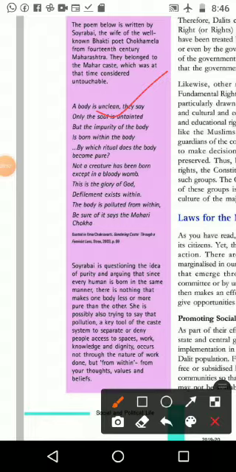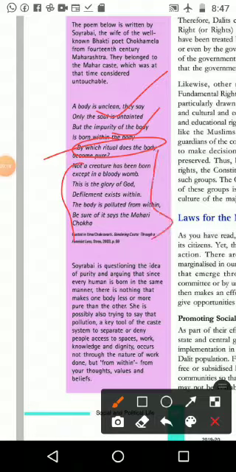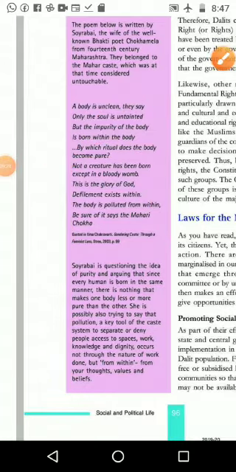But the impurity born within the body started when life started. And she asks, with the help of which rituals can my body become pure? She asks whether any child has come out of the mother's womb without blood and blood stain, even though it is the glory of God.